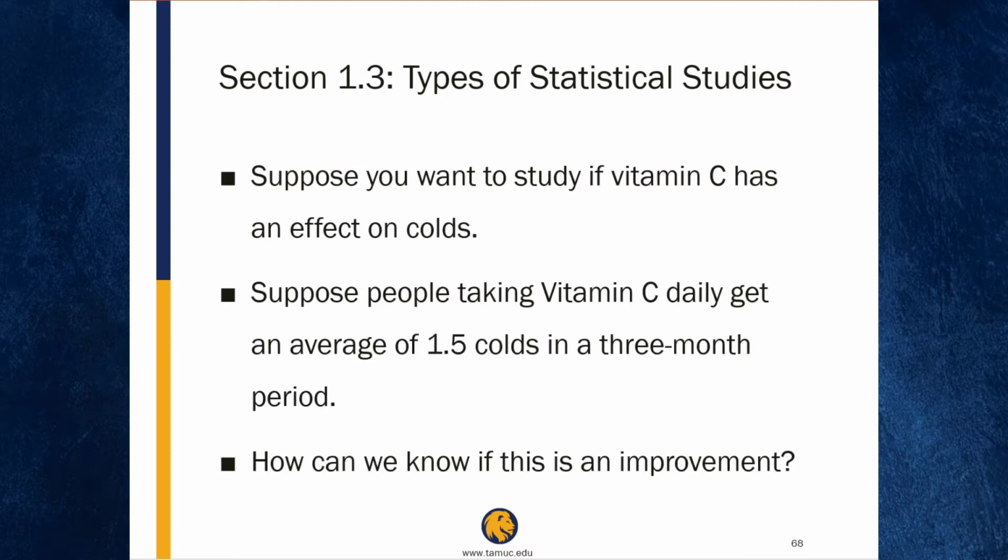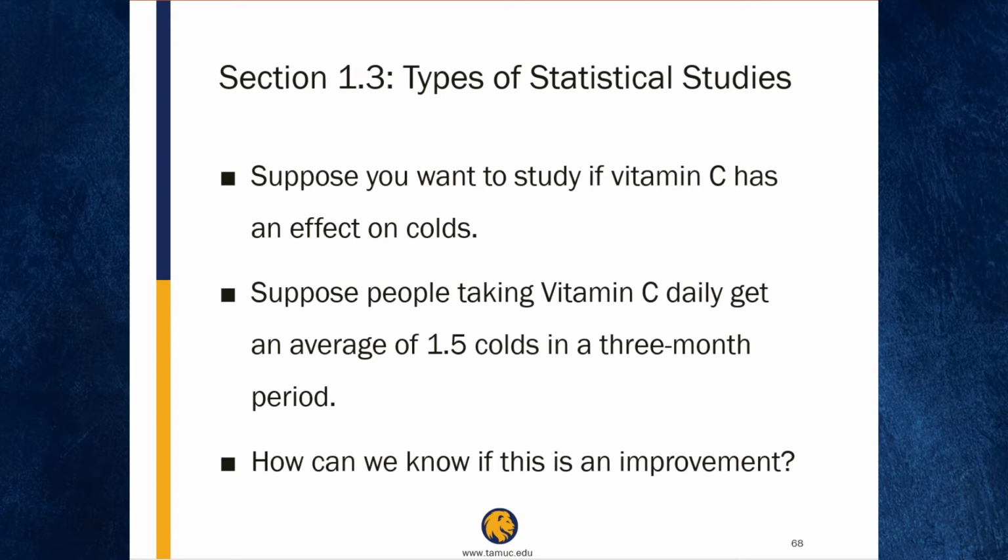Another thing is, suppose you want to study if vitamin C has an effect on colds. Suppose people taking vitamin C daily get an average of 1.5 colds in a 3-month period. How can we know if this is really an improvement or not?